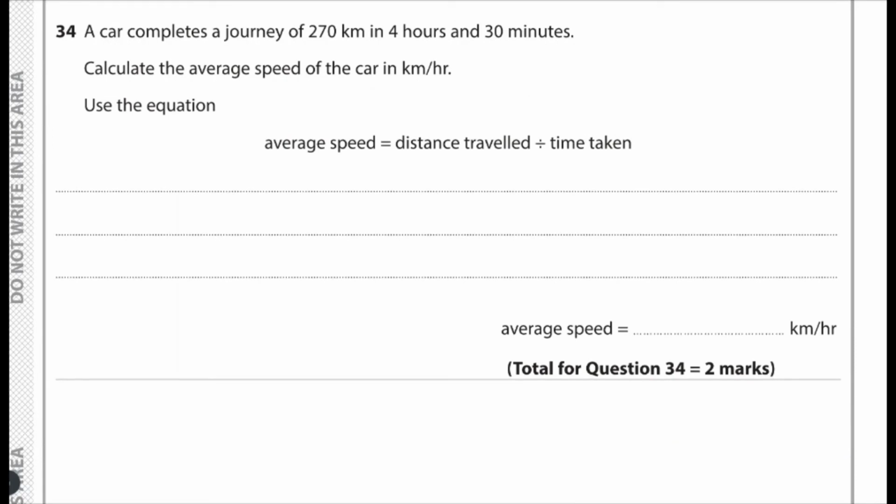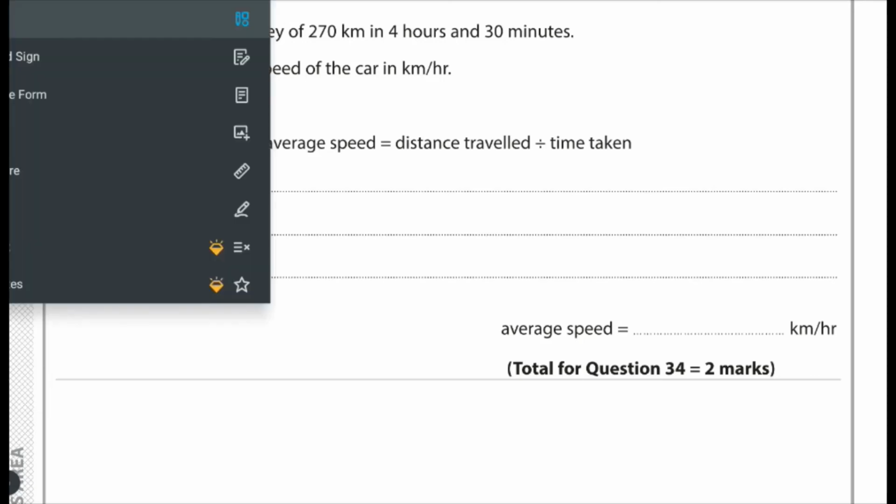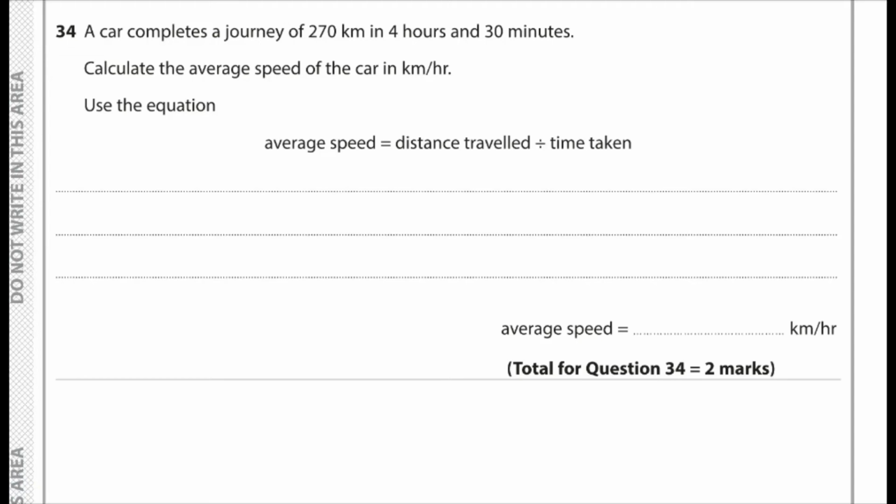34. A car completes a journey of 270 kilometers in 4 hours and 30 minutes. Calculate the average speed of the car in kilometers per hour. Use the equation. It's good that they have given almost all the equations here. And the first one we need to rearrange because they asked to calculate the speed.